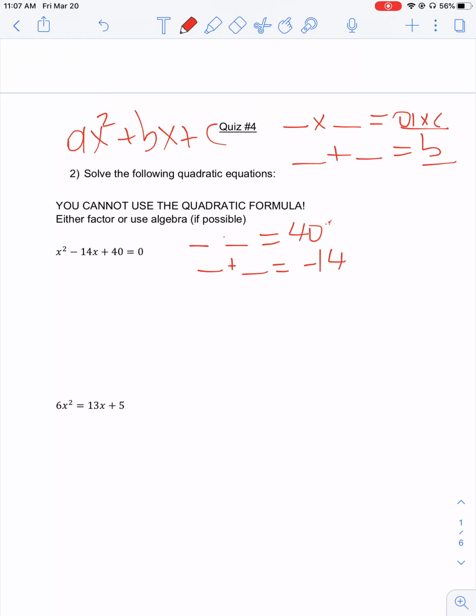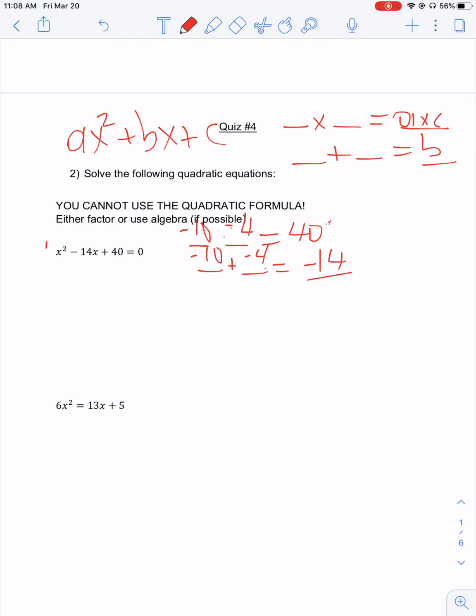Now, because my b coefficient is negative, that is a good indication that the only way this is possible is if both my numbers are negative. To find the combination, you guys weren't too bad at it. It was just minus 10 times minus 4.